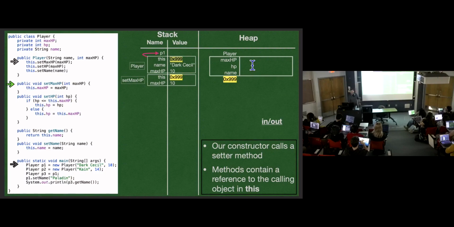Whatever object we were at when we called the method, that's the calling object, and that's the value for this in the next method call. Now, right now, there's only one object on the heap, so of course it's going to be 999. But if it weren't, whatever object we're at when we call that method, we called setMaxHP while we were at this object. So this in setMaxHP is 999, and then the parameter is set to the argument, just like any other method call.